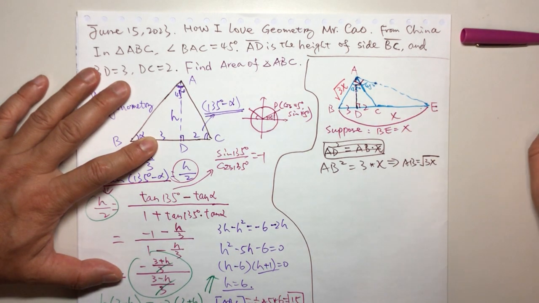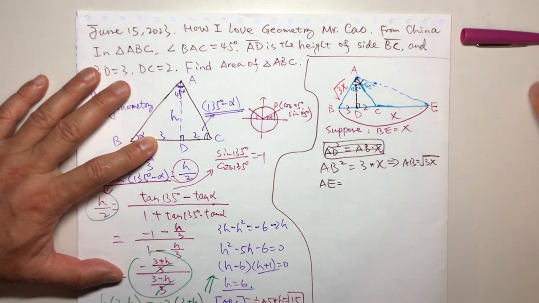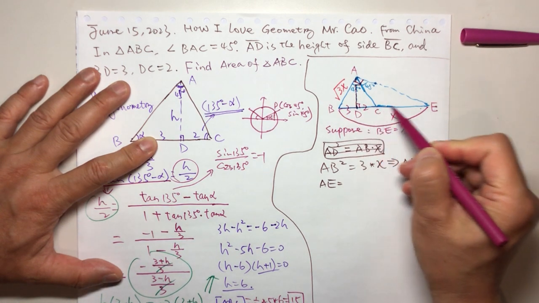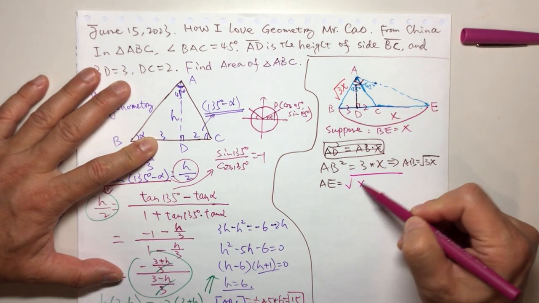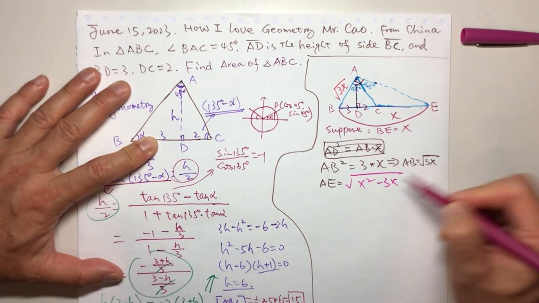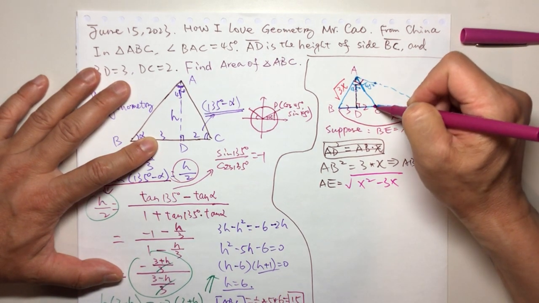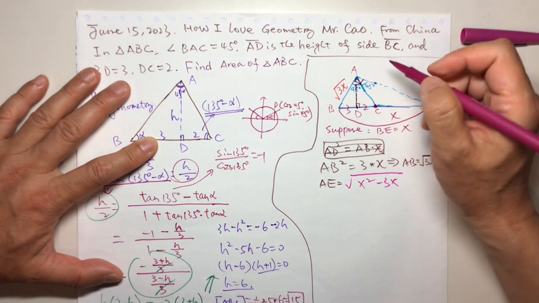Then we will get AE, right? Because we can use the Pythagorean theorem, with the hypotenuse x squared minus AB squared, minus 3x, right? And AC now is an angle bisector.